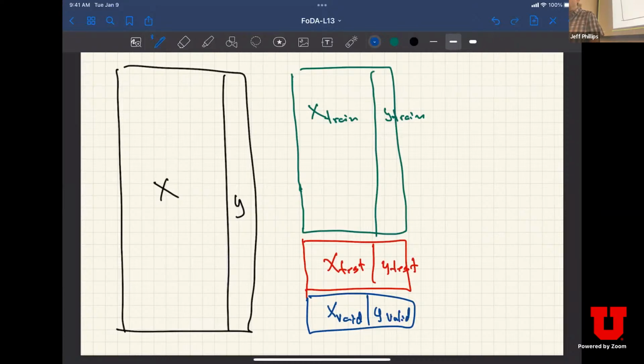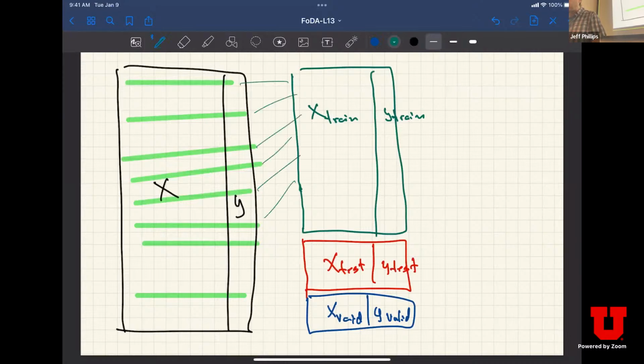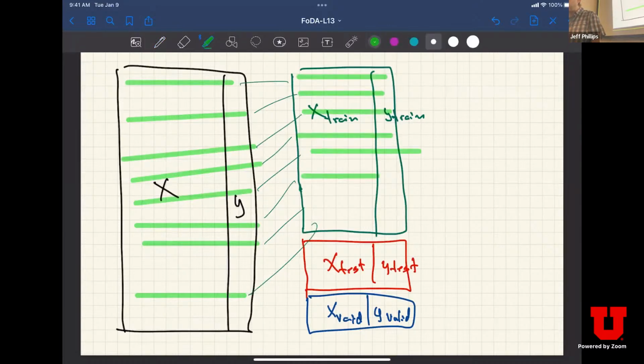Okay, so again, what you would think of doing is you would have a bunch of this training data that you're choosing, and these are all going to be mapped into here, randomly split.